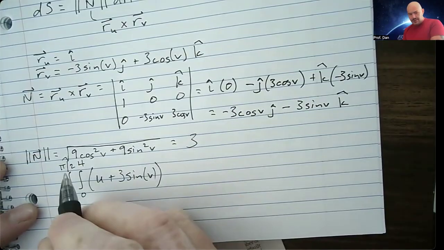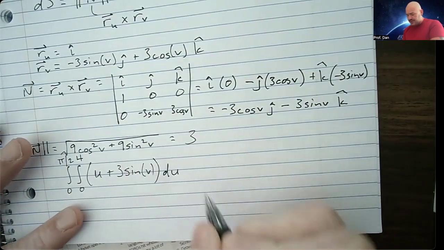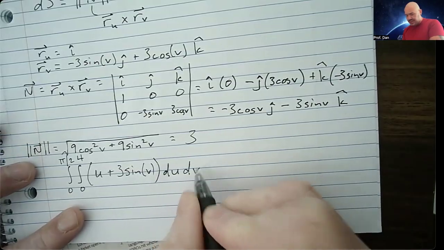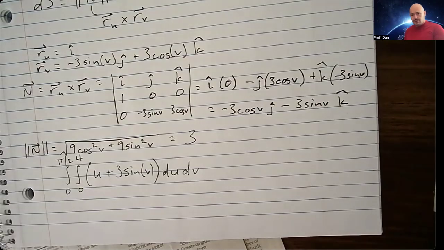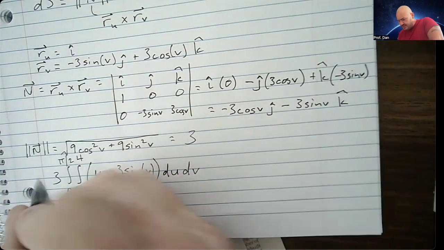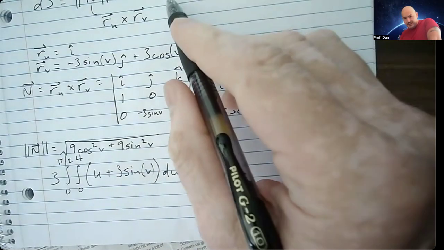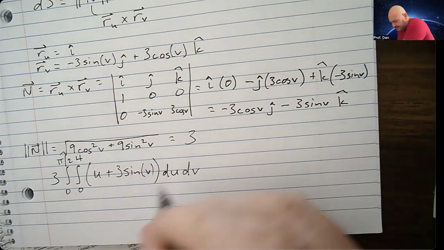And because of how I wrote my bounds, I'm going to do my integral with respect to u first, then v. Realistically, you could have done it either order as long as your bounds match up. And then, of course, there's going to be a 3 because of that magnitude.